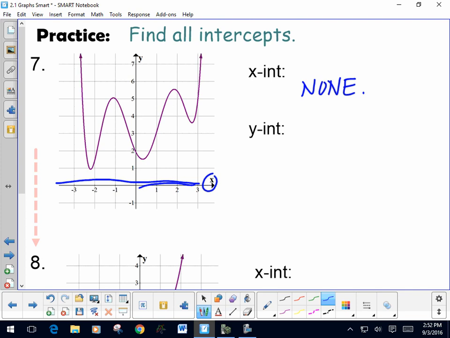Write something. Don't write 0. If you write 0, I'm going to think you mean that it has an x-intercept at the number 0. So please don't use the word 0 for this. You can use the word none or something similar to that. And for the y-intercept, we're looking for where it intersects with the y-axis. In this case, it would be the point (0, 2).